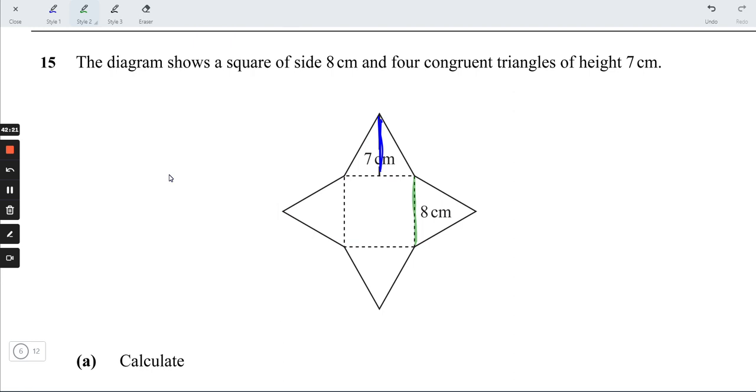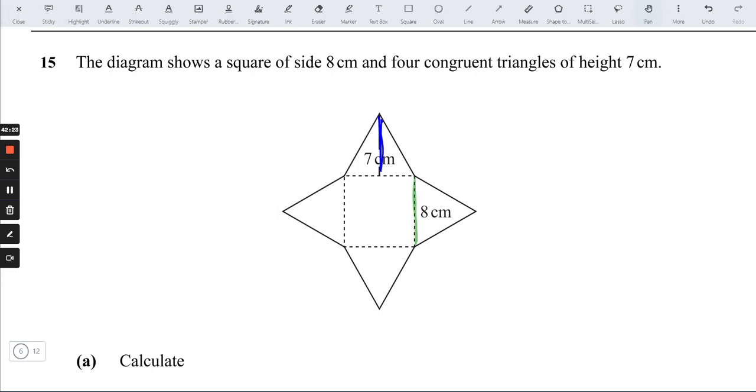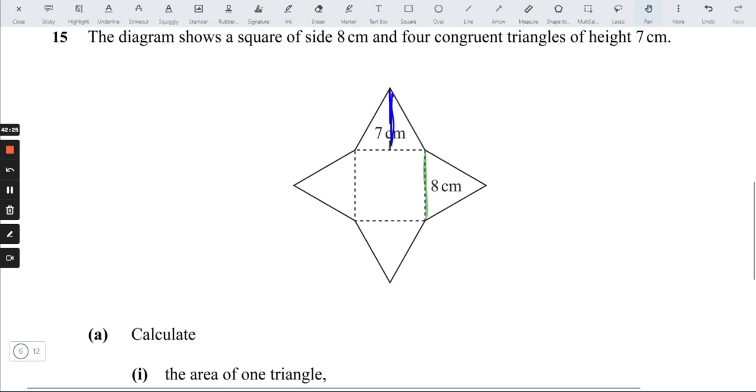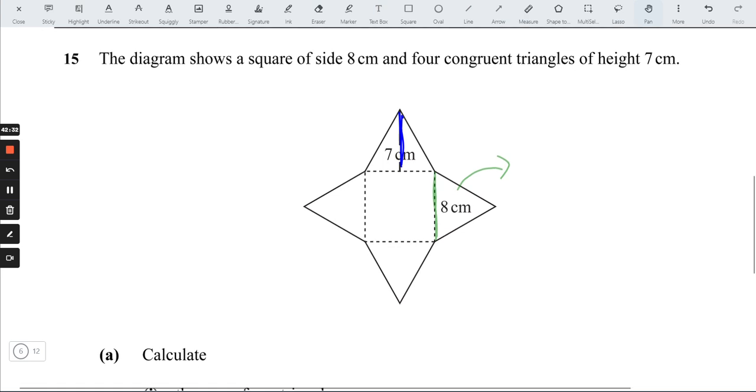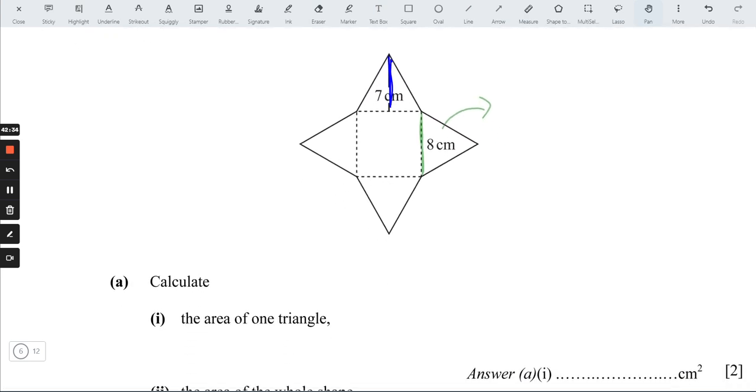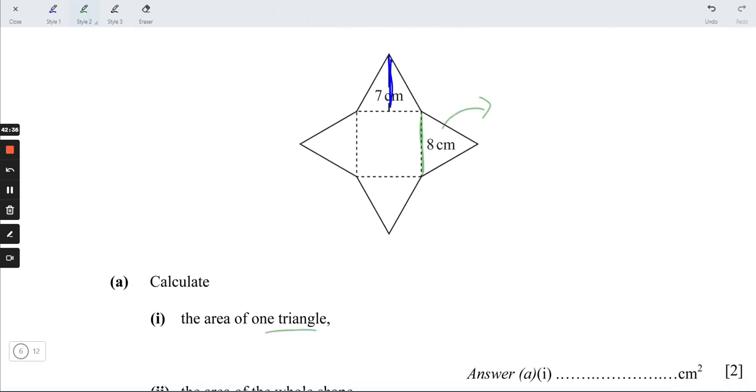So now the first question says calculate the area of one triangle. Calculating the area of one triangle, we know that the area of this triangle, I should write it down here, is half times the base, here is 8, times the height, which is 7.